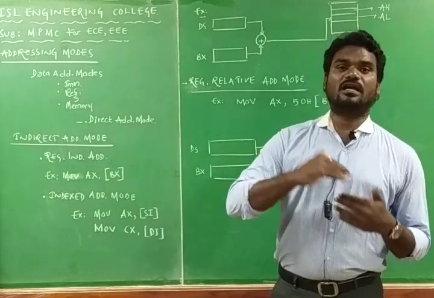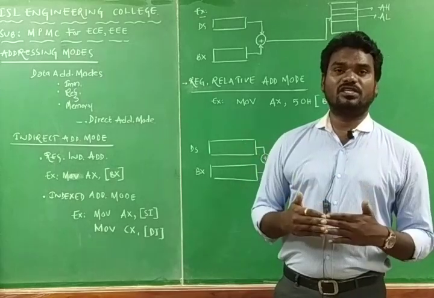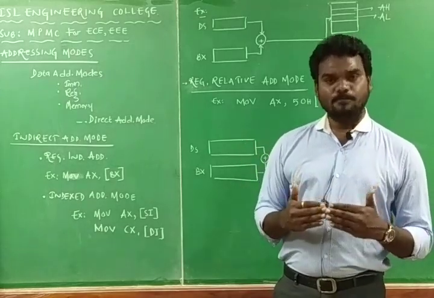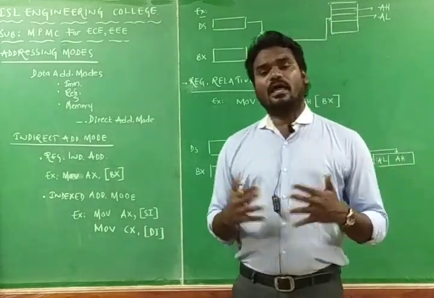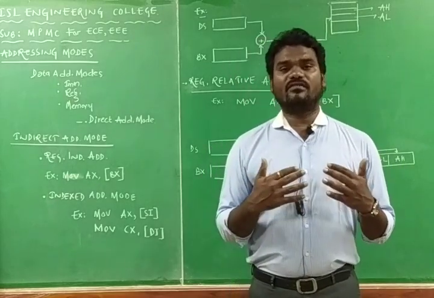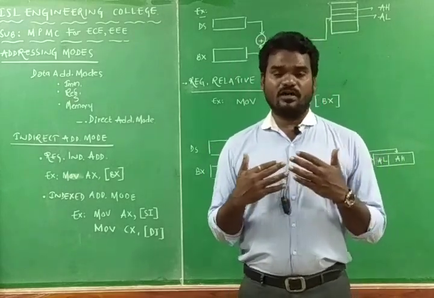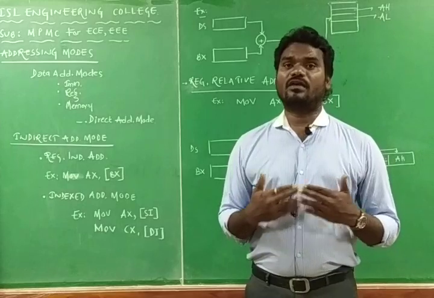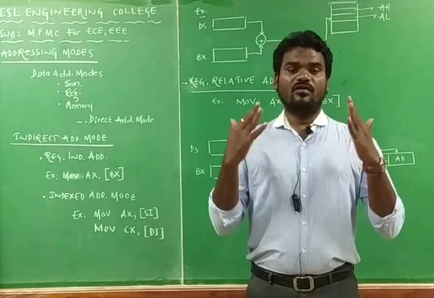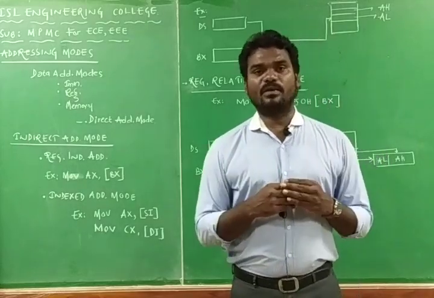This offset address is given to the bus interfacing unit, where we have the segment address, and both are added together after shifting by 4 bits, so that we get the physical address of one particular memory location in the 1 megabyte space.